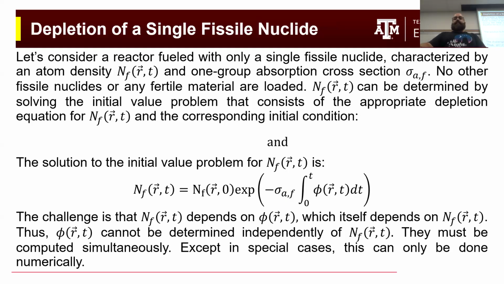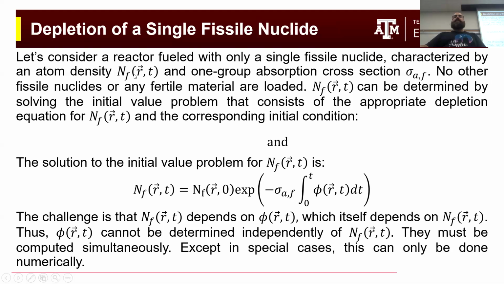So this is an example where I'm thinking about things in a more analytical way, assuming that I have a flux that depends on time and a nuclide concentration that also changes with position and time.